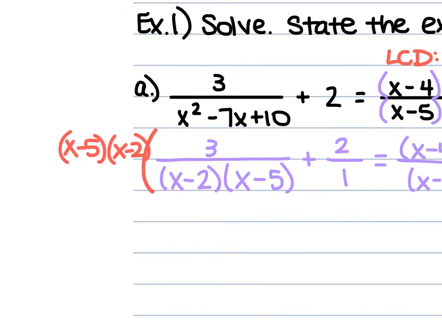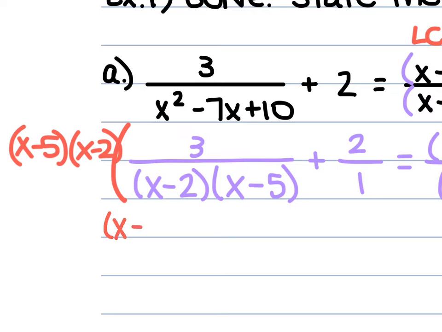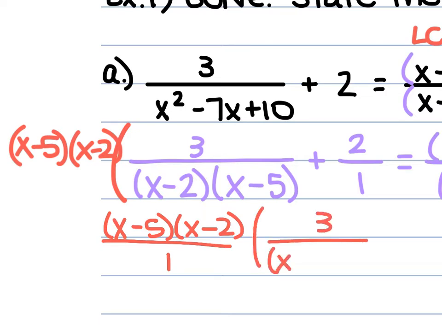So we're going to do x minus 5 times x minus 2 over 1 times 3 over x minus 2 times x minus 5.